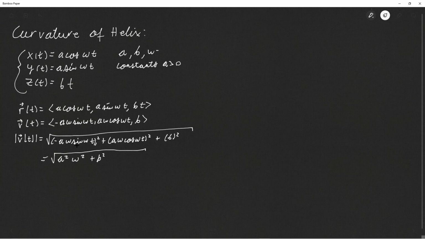Because when we get our sine omega t squared plus cos omega t squared, we can just take those and make them equal to 1, and then factor out our a squared omega squared from both of them.